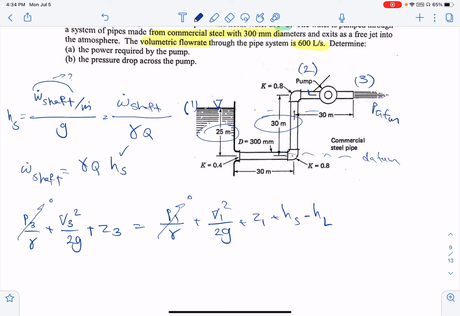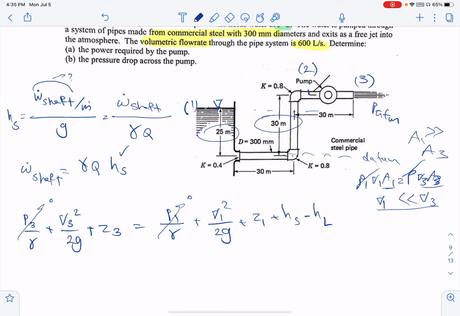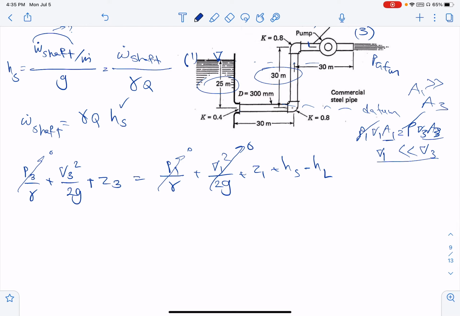If we consider the conservation of mass, V1A1 equals V3A3, we can say that V1 is really smaller than V3 because A1 is really bigger than A3. So we can ignore that one, and V1 squared compared to V3 squared is 0.